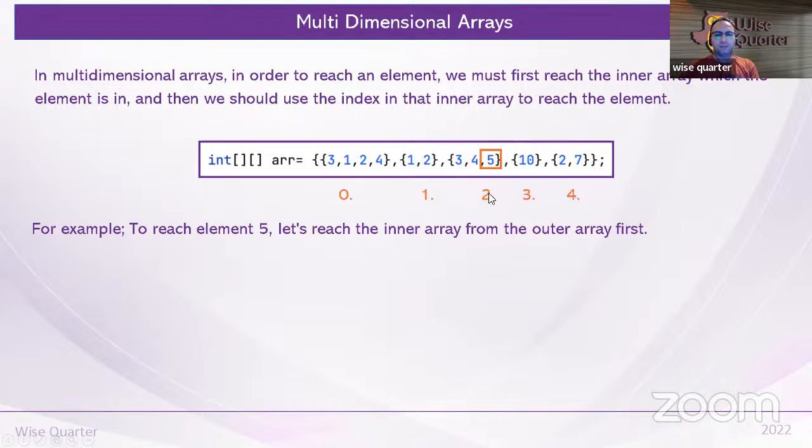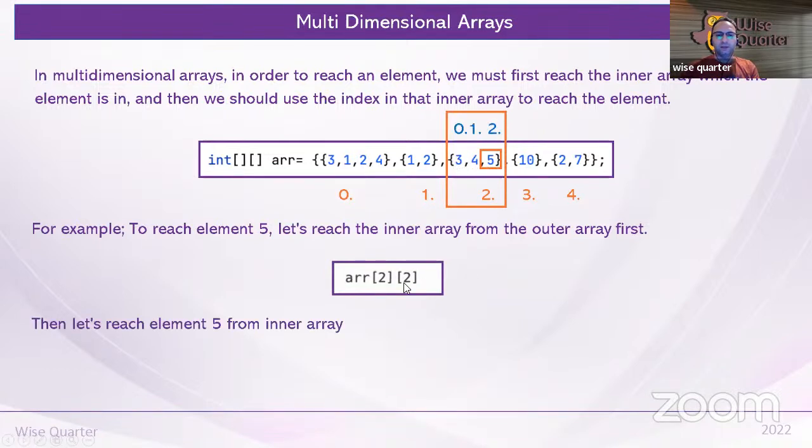If you check the outer arrays, it is the index 2. But if you want to get inside of it and reach the third element of this array, it will be another index 2, because this comes from the outer loop and this comes from the inner loop.